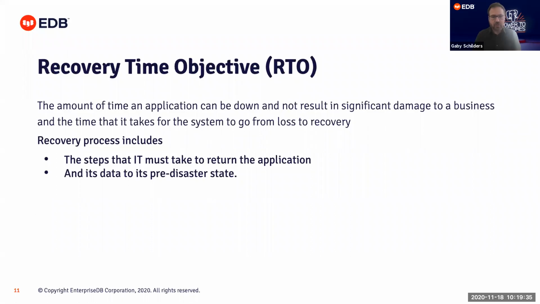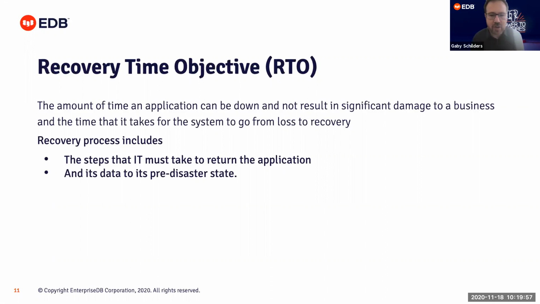So that means that if you want to be able to decide how much time you may lose before you start working again, you have to consider the recovery time objective. How much time are you allowing to go by after an incident before you can start working again?